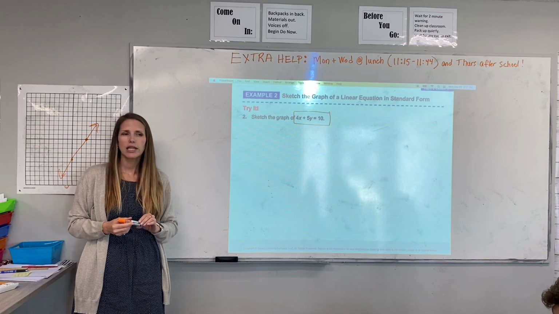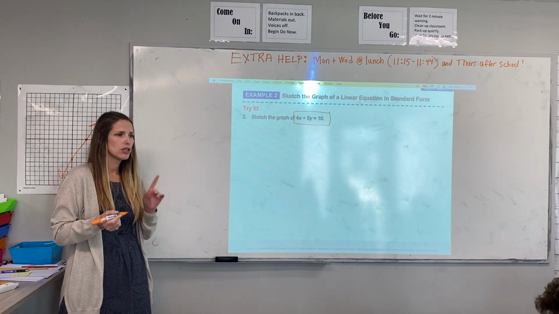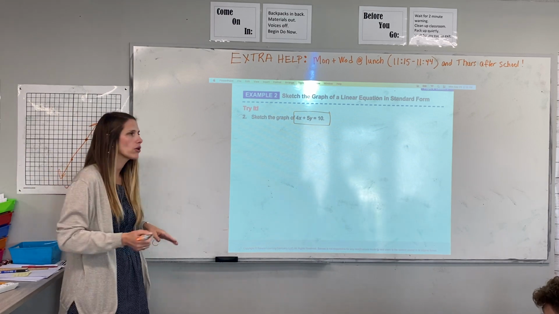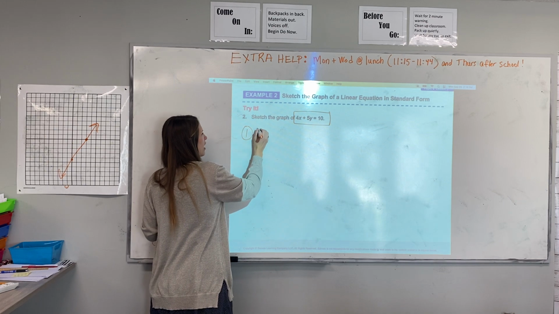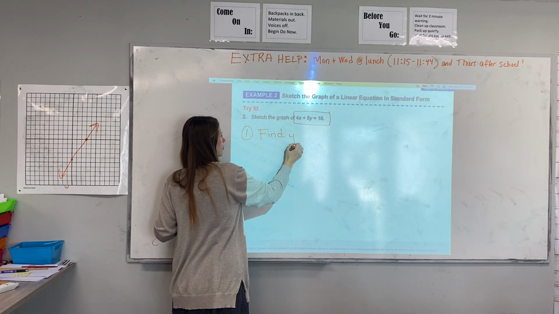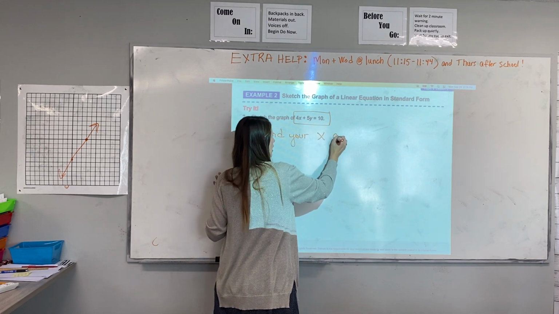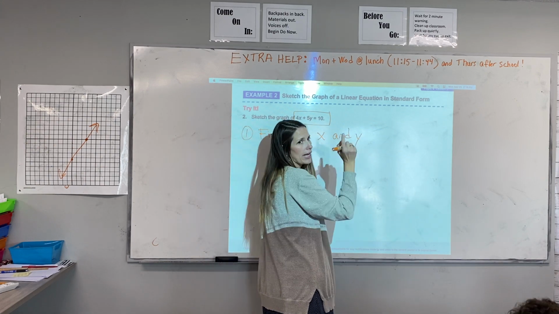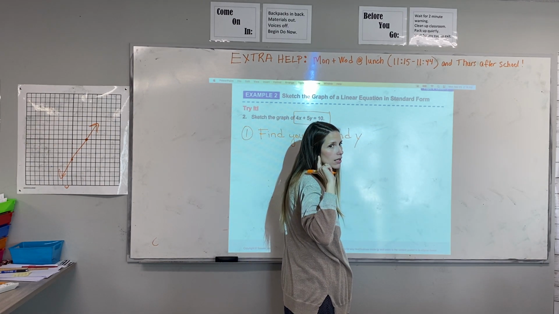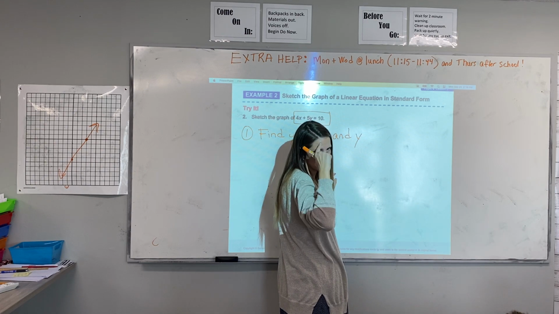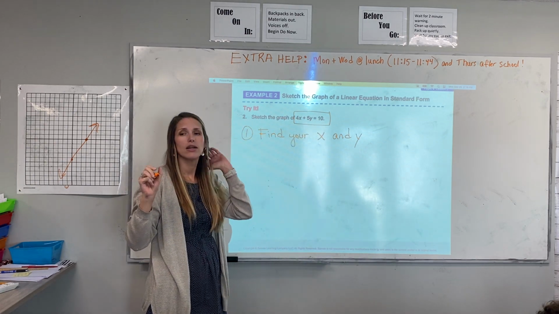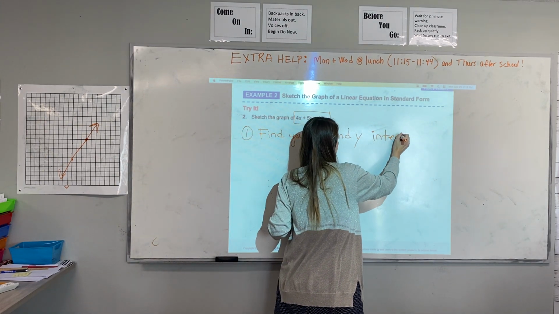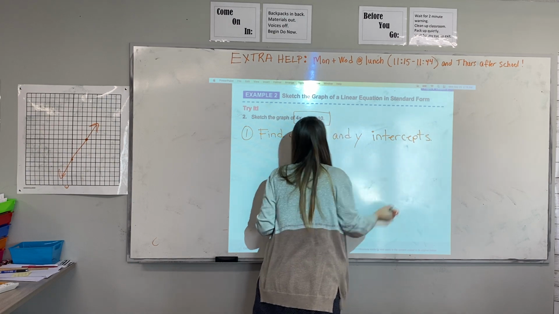Okay. Let's go through our steps one at a time. If you don't need this and you want to work ahead, go for it. Step 1, find your X and Y intercepts.